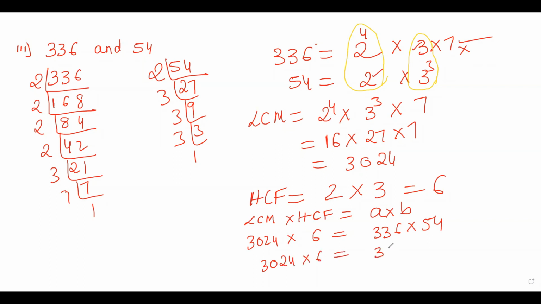Can I write 54 as 9 into 6? Can you tell what is 336 into 9? Any one of you quickly find the product. 3024. So now literally LHS is equal to RHS, hence proved.